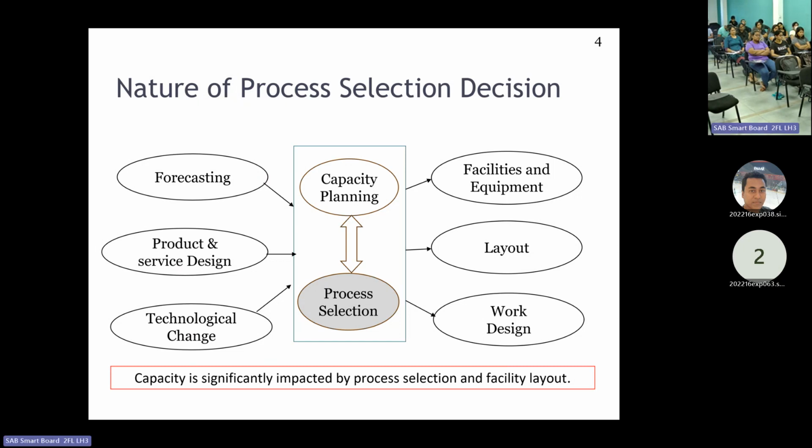So do technological changes. Manufacturing or processing technological changes that happen from time to time might require a process change or process selection change. Understand? So likewise, there are some factors to consider when making these decisions, and consequently, once the decisions are made, they may impact some other operations as you can see in the figure.